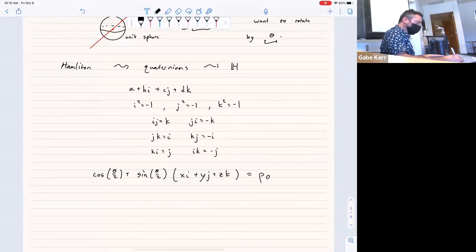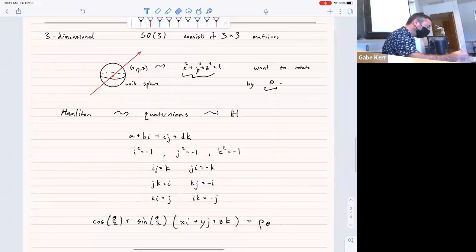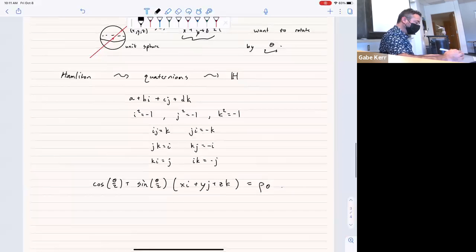I'll call this rho theta. And xyz, I might give this point a name. Let's call this point P. But we'll think of it as a vector. We'll call it P. Rho theta P.